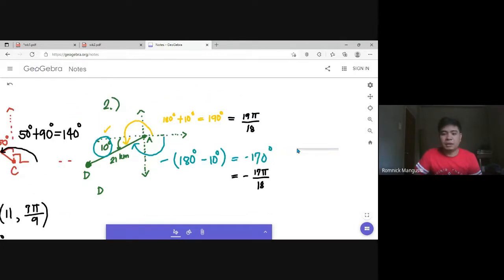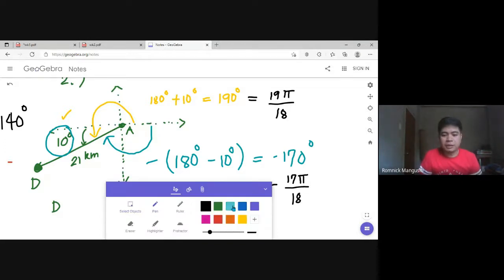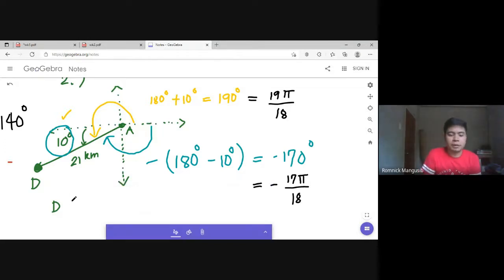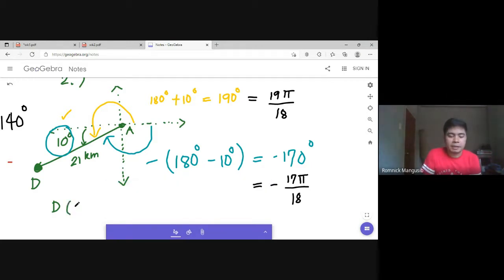Therefore, ang magiging sagot natin dito, point D has coordinates now. Pwede kayong pumili kung anong gusto nyong coordinates. Ang point D ay may coordinates na 21 being the radius and 19 pi over 18, if you choose to have that is a counterclockwise rotation.